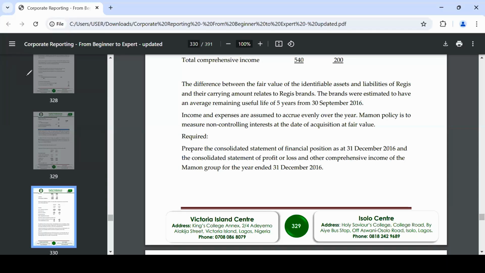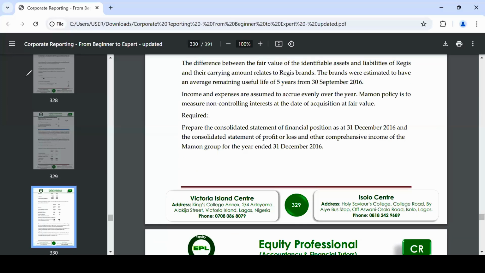However, we have been told how we are going to calculate it. It's simple. It is going to be the difference between the fair value of the assets and liabilities of Regis and their carrying amount. We'll do it. Income and expenses are assumed to accrue evenly over the year.